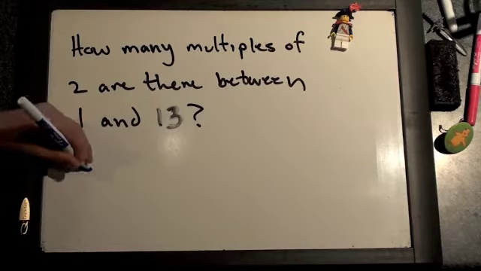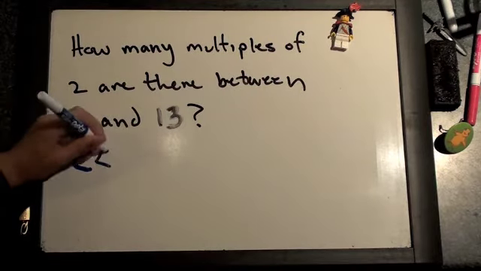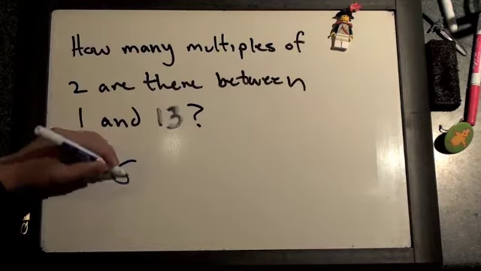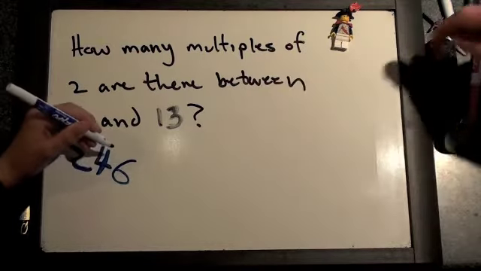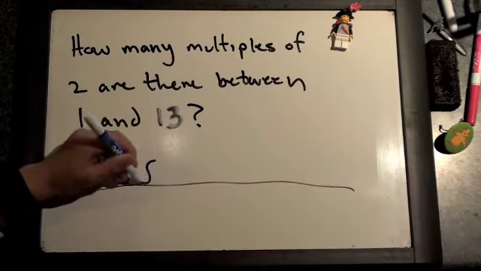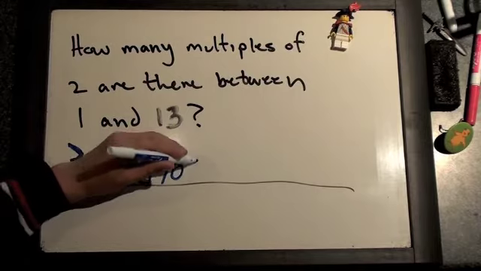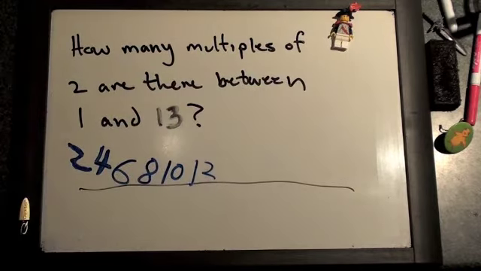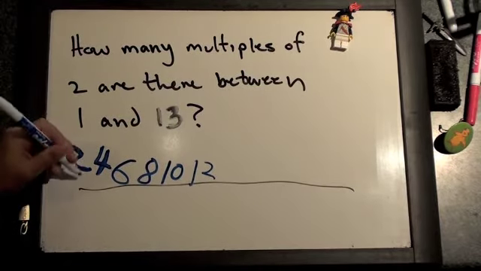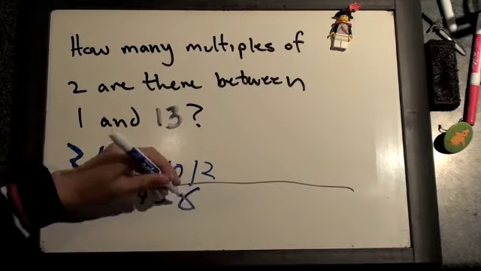I'm just going to write them in order. 2, 4, 6, 8, 10, 12. And the question is, how many are there? 1, 2, 3, 4, 5, 6.